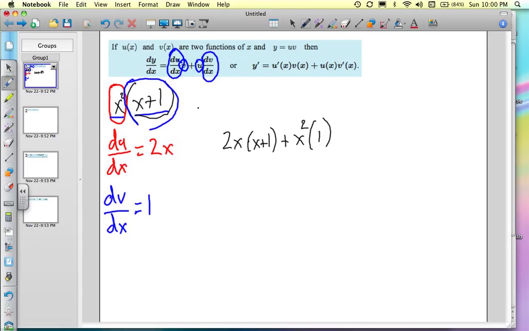And that's it. That is the product rule. We're pretty much done. So you got 2x times x plus 1 plus x squared times 1, which is just x squared. Okay? So that's the product rule. Let's try a few more.